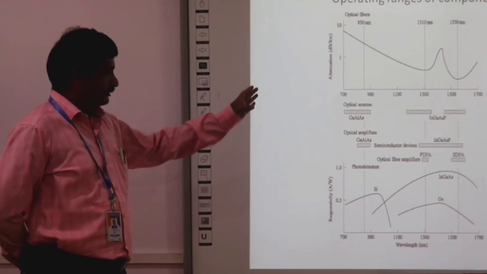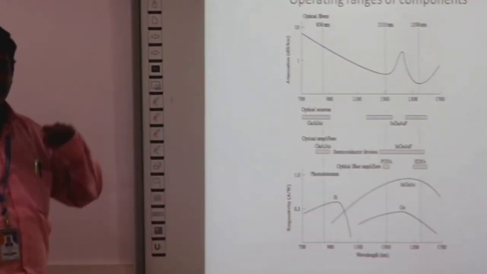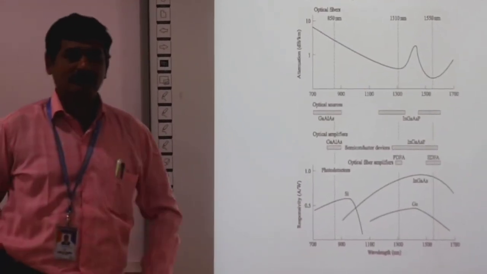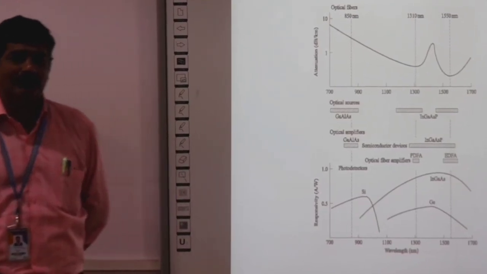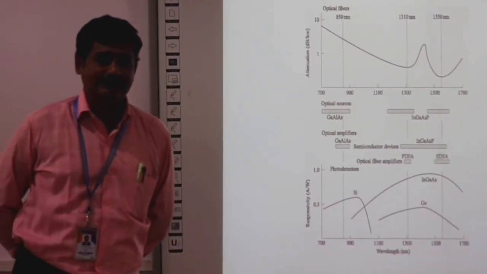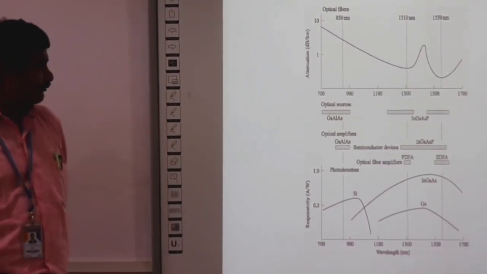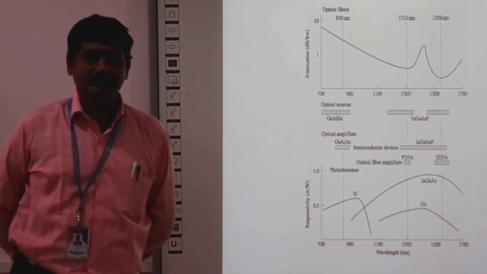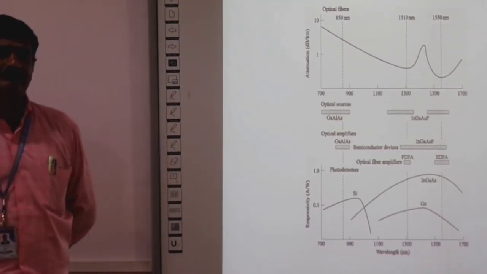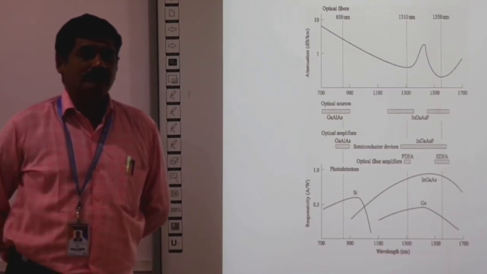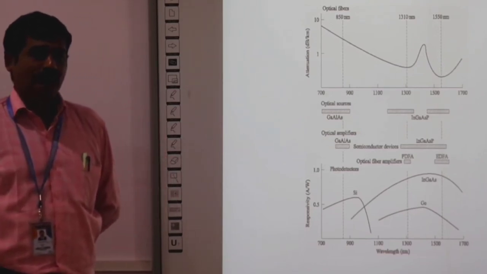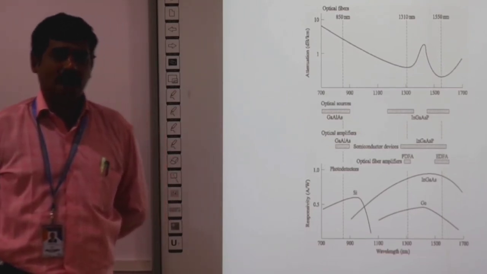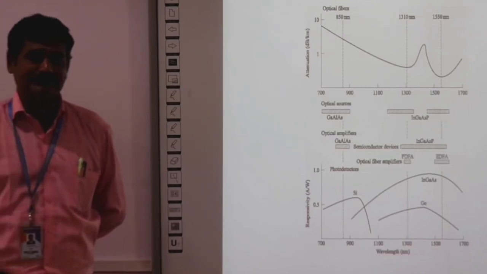So from these graphs, what we understood is, if we use compound semiconductors for the fabrication of LED, laser and photodetectors, then the performance is increased. Therefore, we can send a huge amount of data from one end to another over long distances.